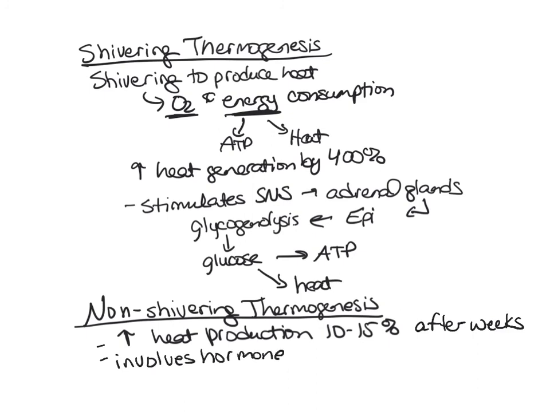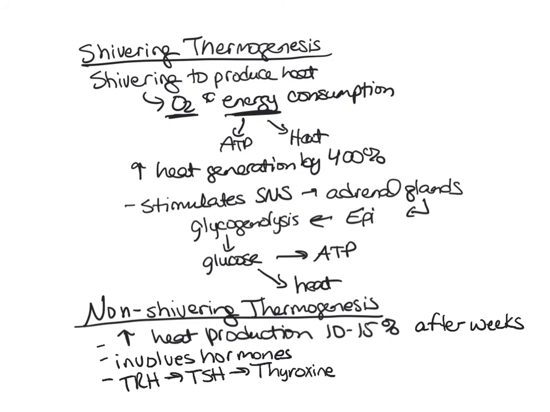So, for example, the thyroid releasing hormone gets secreted from the hypothalamus. That causes the thyroid stimulating hormone to be released from the anterior pituitary, and that causes thyroxine to be released from the thyroid gland.